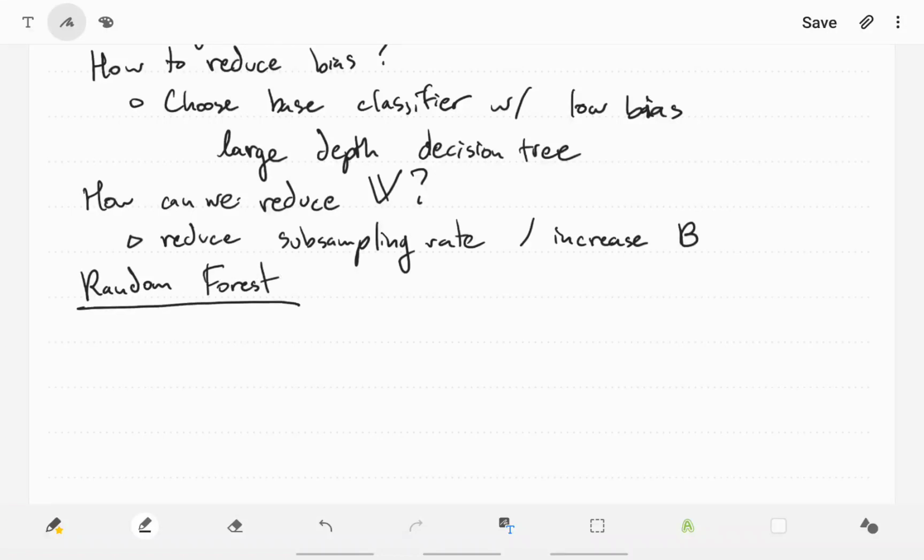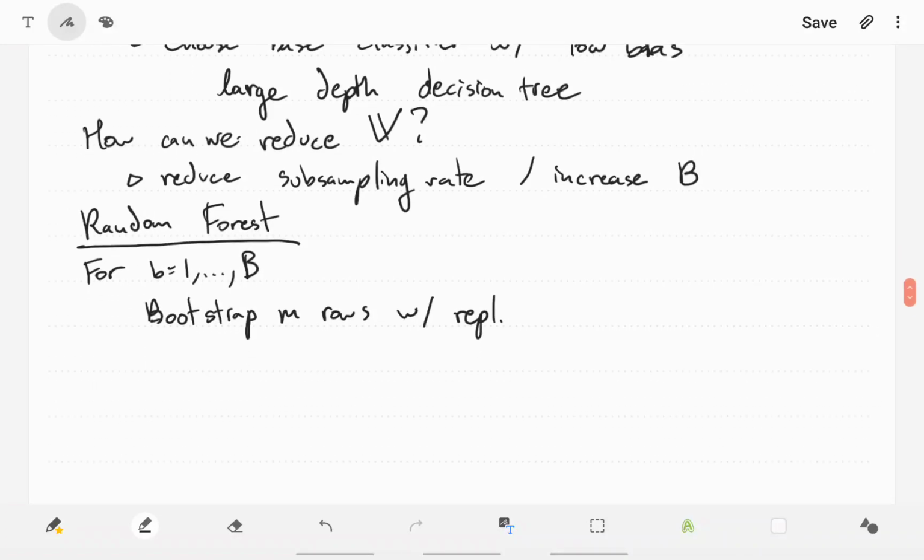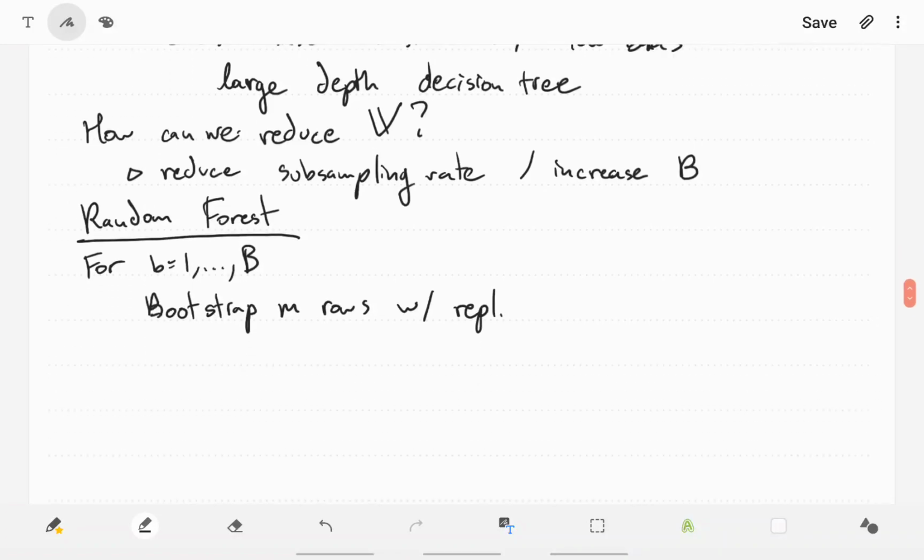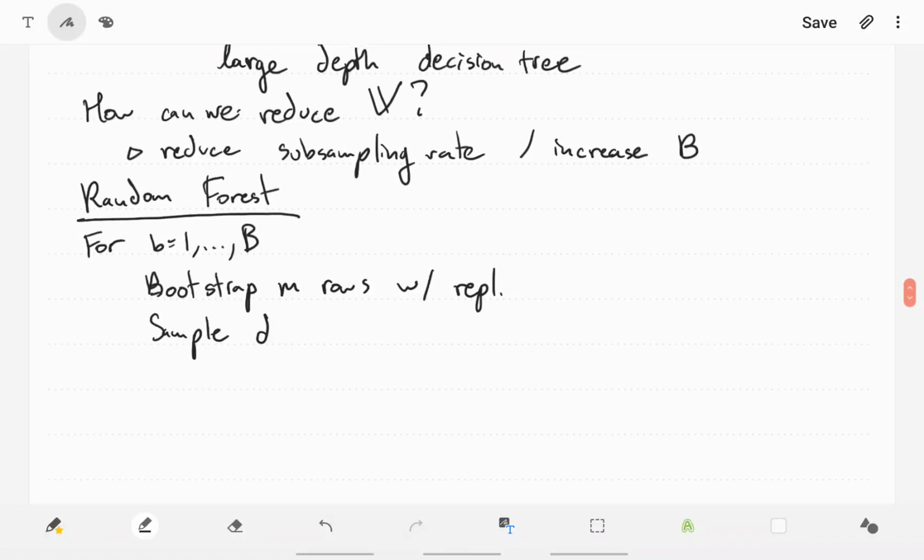The basic idea is that for little b going from 1 up to capital B, we just bootstrap M rows with replacement. And then we sample. This is an additional step that I haven't mentioned yet, but this is also in this.